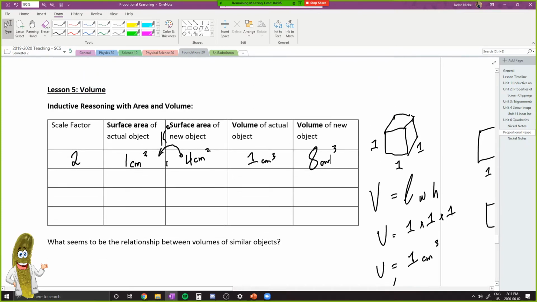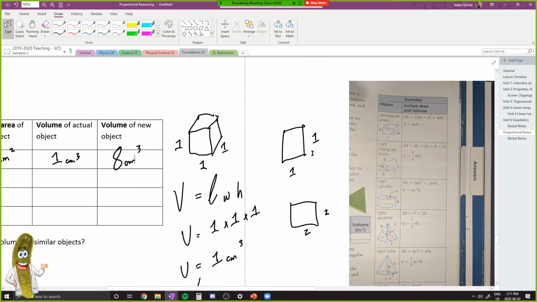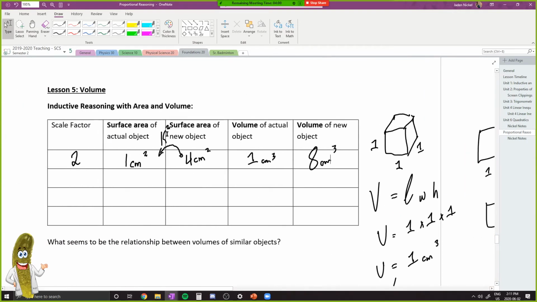So the relationship between these two squares, this 1 by 1 and this 2 by 2 square, was that we did k squared, and that was the relationship between the two values. Volume follows a very similar format. The relationship between these two values is, instead of it being k squared, it's just k cubed.